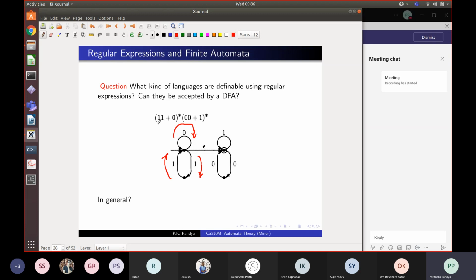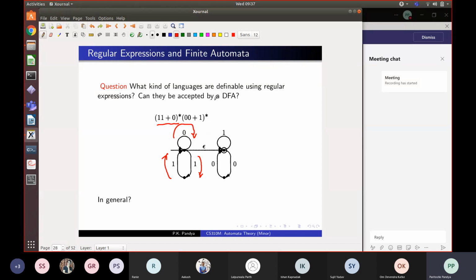At some point you decide to exit this part of the pattern and go to the next part. So you make an epsilon transition, and there either a single 1 can occur or two zeros can occur. So in the second part, the number of zeros will be even, and zeros will always occur in pairs.